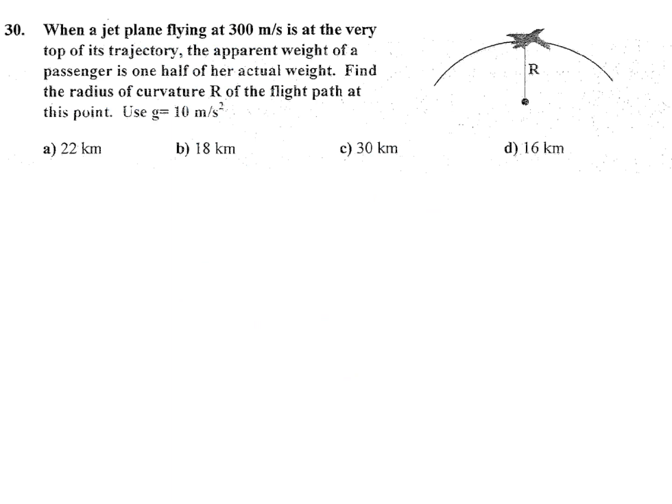When a jet plane flying at 300 meters per second is at the very top of its trajectory, the apparent weight of a passenger is 1/2 of her actual weight. Find the radius of curvature r of the flight path at this point. Use g equal to 10 meters per second square. v equal to 300 meters per second and apparent weight is 1/2 of the actual weight.